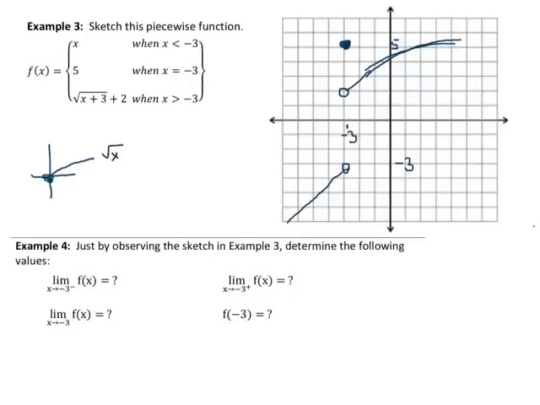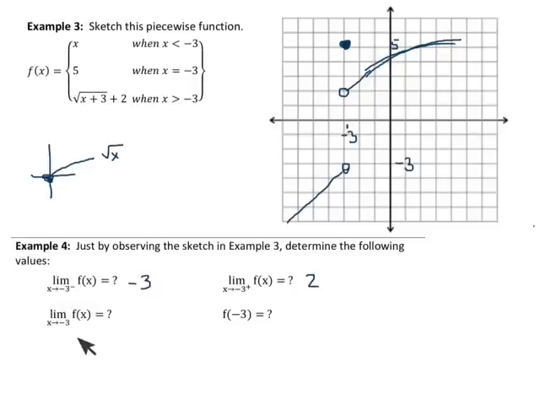So that's what I'm going to write in, -3. Now as we're approaching -3 from the right-hand side. So here again is -3, and we're coming in from the right, and what are we approaching? This value right here, which is just 2. So we're going to write 2.